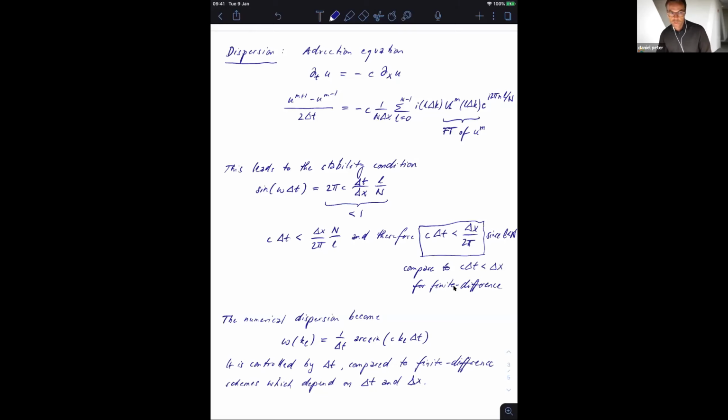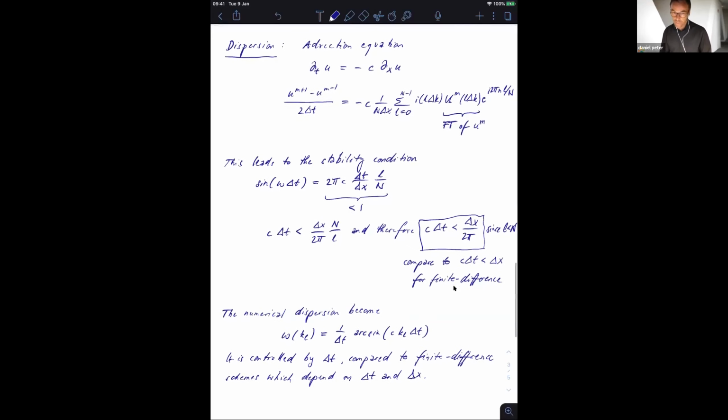You have in the notes again how you would do the analysis by assuming this plane wave solution for U, stick that into the discretized form of the equation, and then you end up with these conditions and numerical dispersion equations. So it's one way of analyzing it.